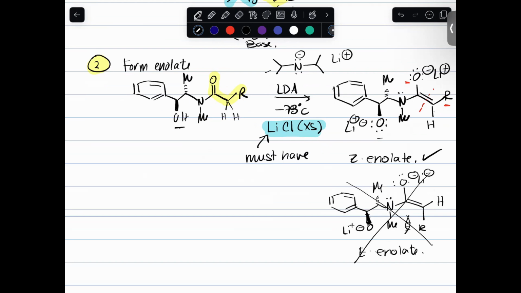That's not new. What is new in this case is the excess lithium chloride, and that's what I want to discuss now. So when you've got LDA, the LDA goes after the alpha hydrogen and the alcohol. And because it's got two things to go after, it doesn't finish deprotonating the alpha hydrogen.